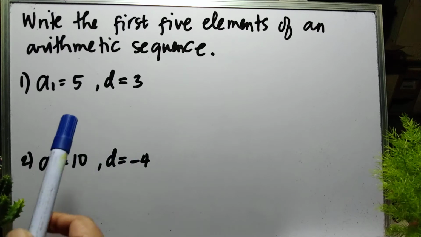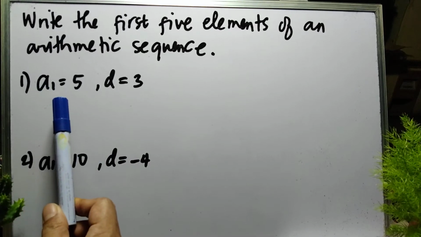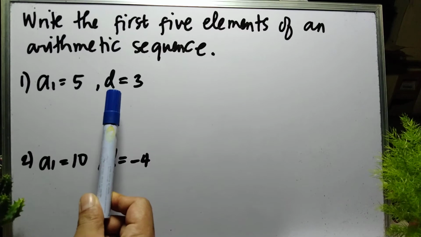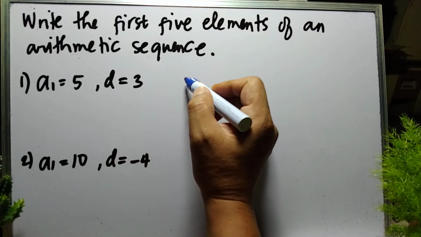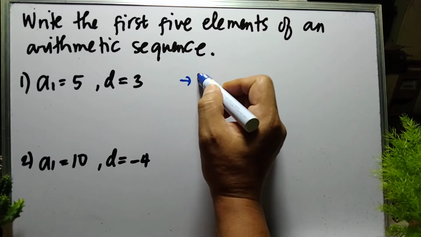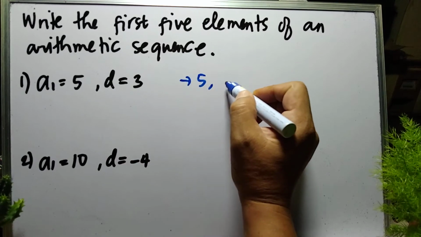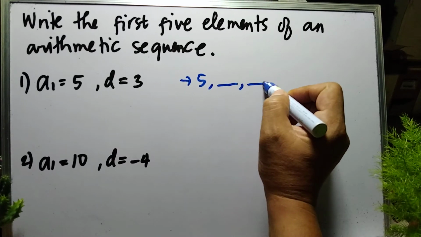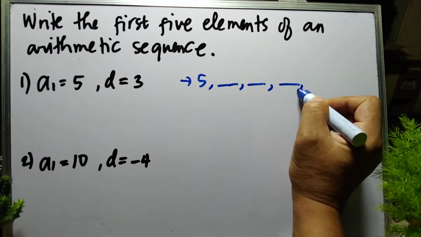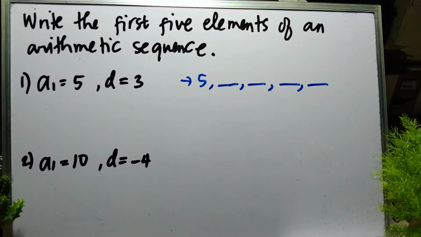in number 1, you are given your first element as 5, and then the common difference is equal to 3. So, take note, we need to find the first 5 elements of the arithmetic sequence. So, here, we knew that the first element is 5. Now, we will solve for the second element, the third element, the fourth element, and the fifth element.